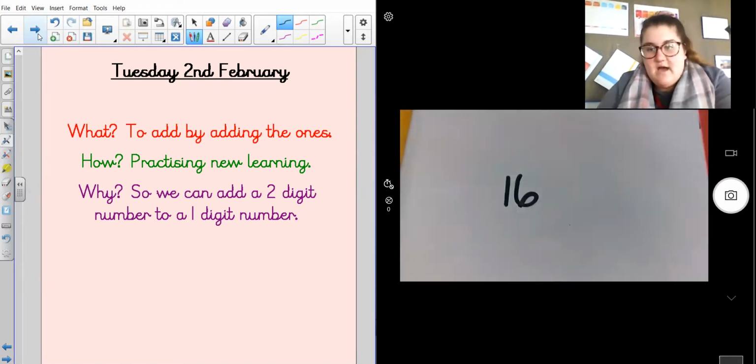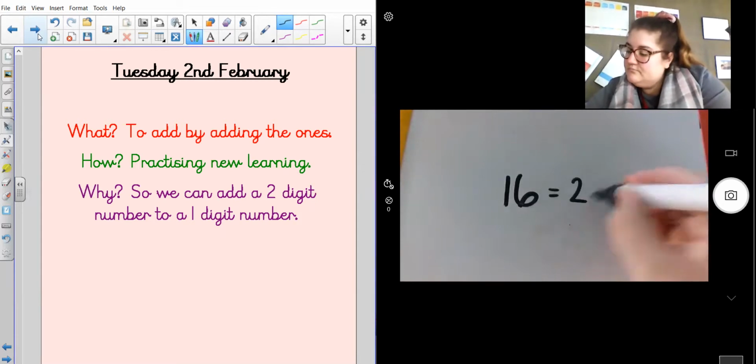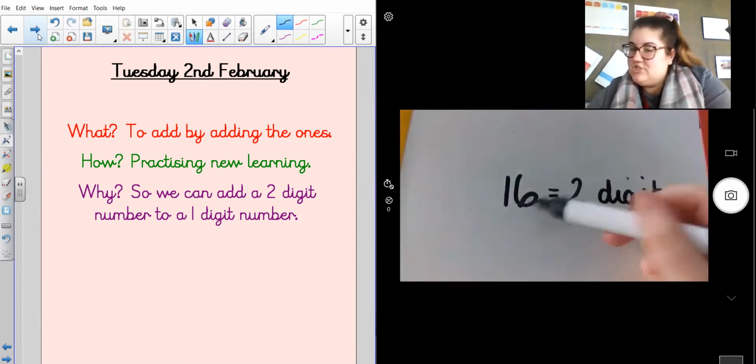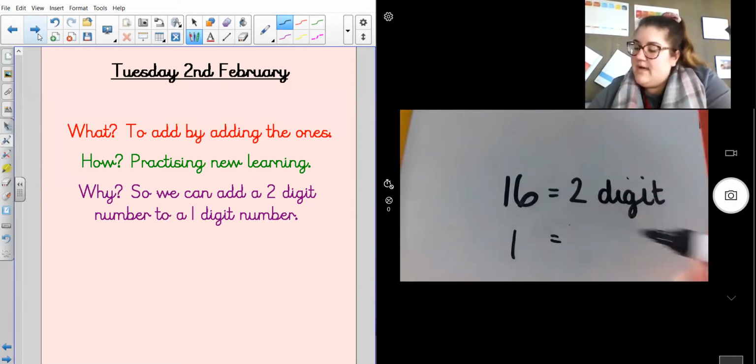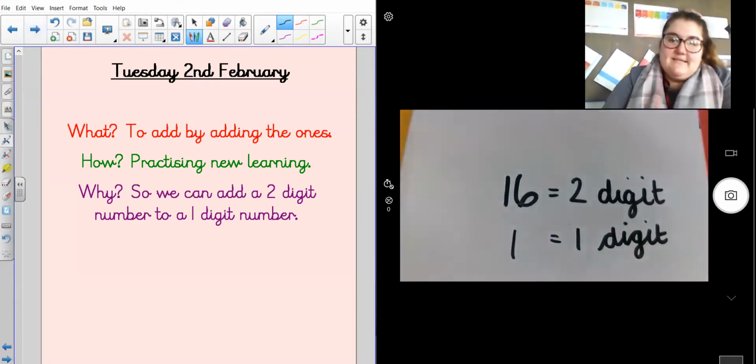It's a little bit like a digraph. It's 2 numbers, okay, put together and they make 1. So that is a 2-digit number, because it's got 2 digits in it, and a 1-digit number would just be something like that. Okay, so hopefully that makes sense.